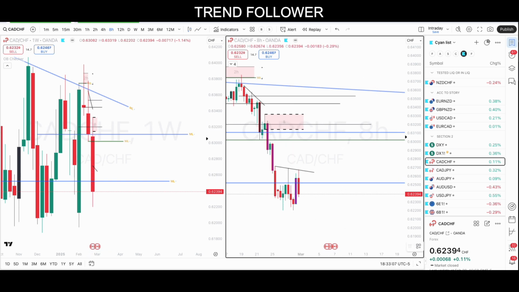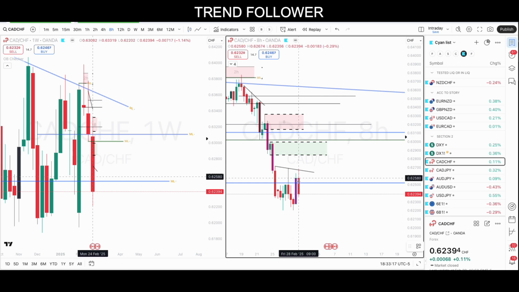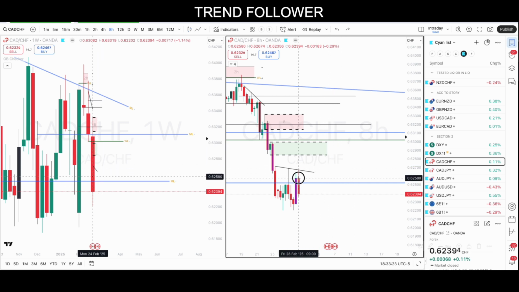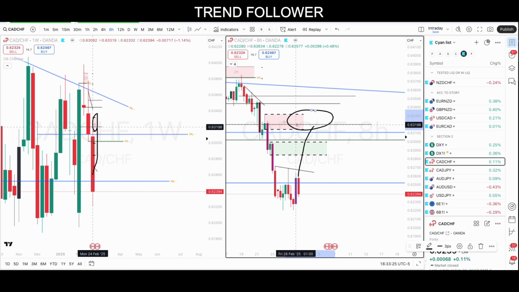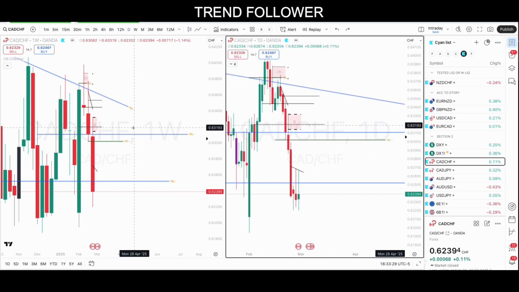There is a zone here also in between, right? What I mean by that is, yes, it can get rejected, but I would let the price action show that. So if it does something like this, then I will trade this. Otherwise, right now my focus is here. I don't think it should reach there, but one thing I've learned in trading is don't overthink.